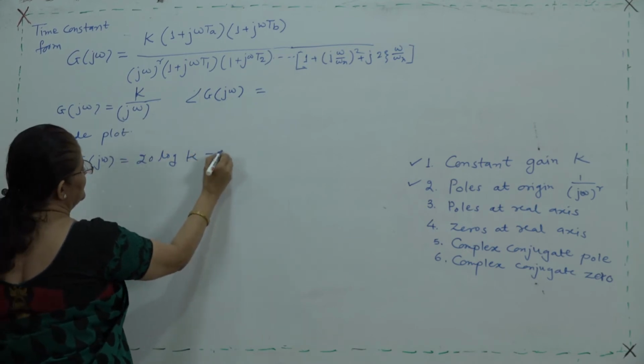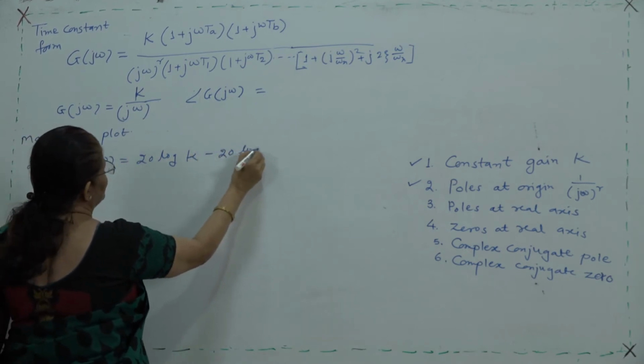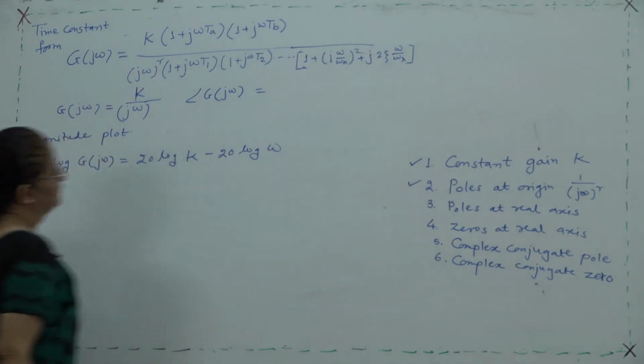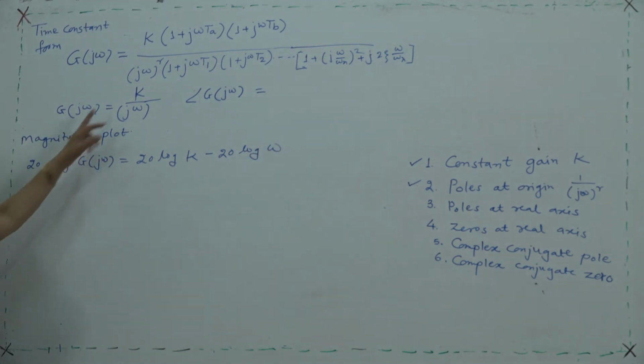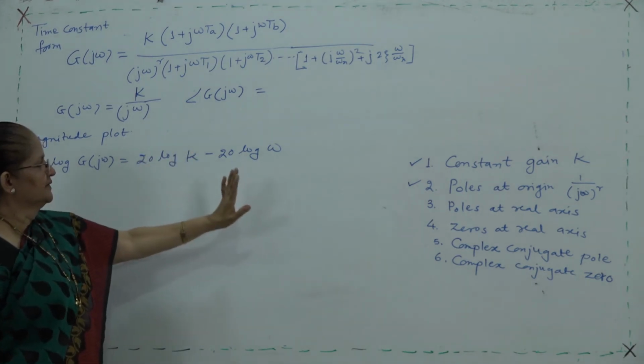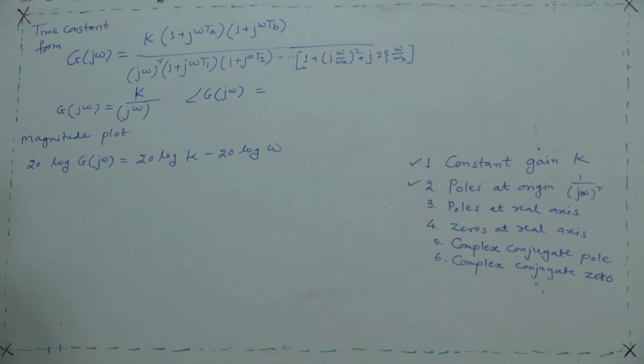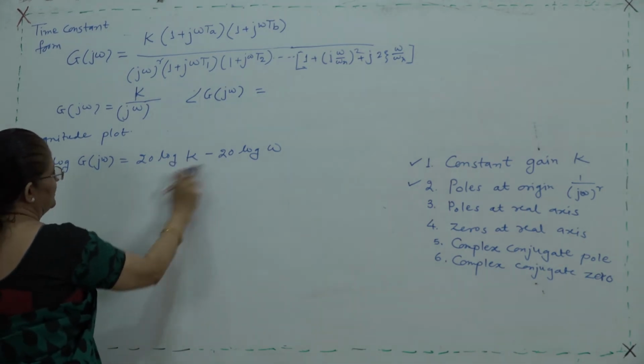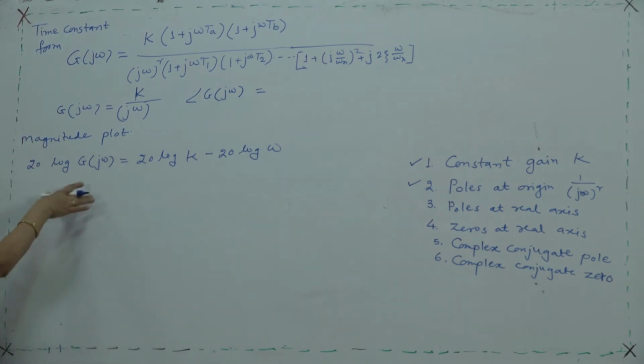So, you will get minus 20 log of omega: 20 log of K minus 20 log of omega. Okay. So, these two terms together we have to consider while drawing the Bode plot, magnitude plot.